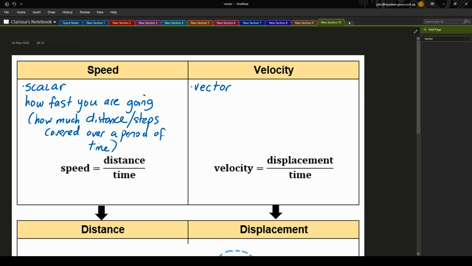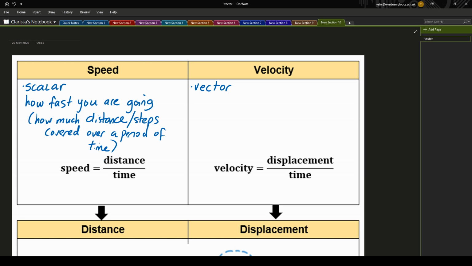What I mean by that is, let's say that you were running around in circles. Basically, your speed is how much actual distance, the steps, that you covered in that short amount of time.